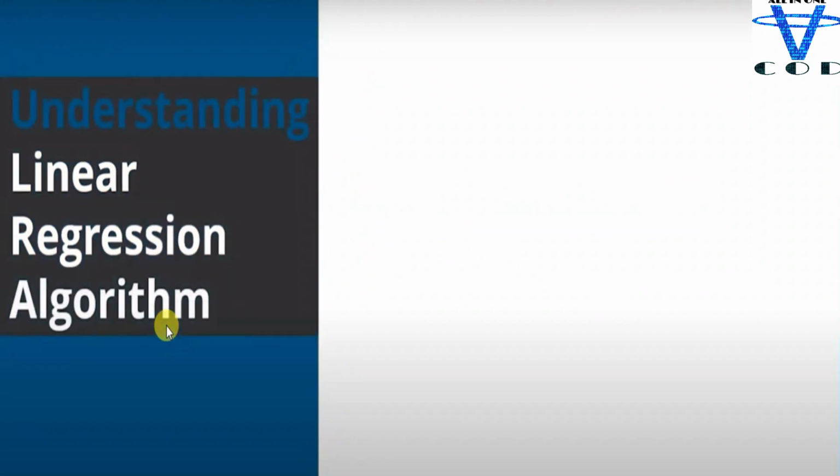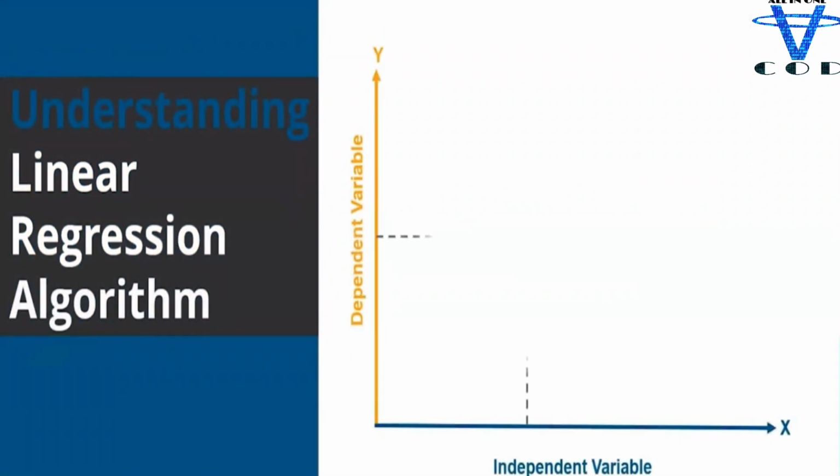Okay, so what is linear regression? You can see here y is the dependent variable and x is the independent variable. For example, you want to create a project that determines how much vegetable is going to be grown this year.